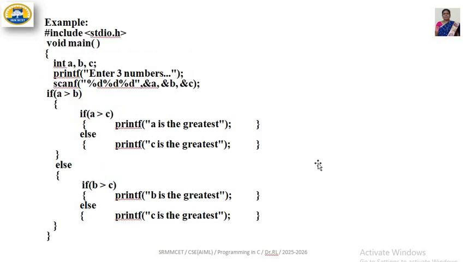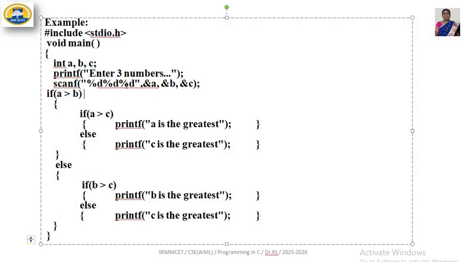A simple example for discussing the nested if-else statement: find the biggest number from three numbers A, B, C. First we check if A greater than B. If it is true, check another condition, if A greater than C. If both are true, the statement printf A is the greatest is executed.